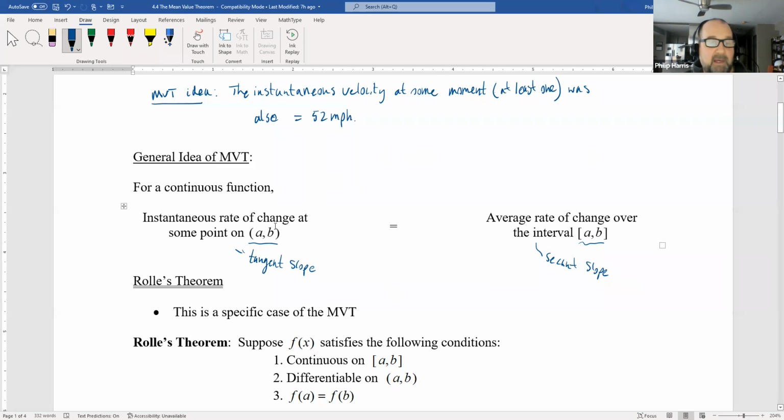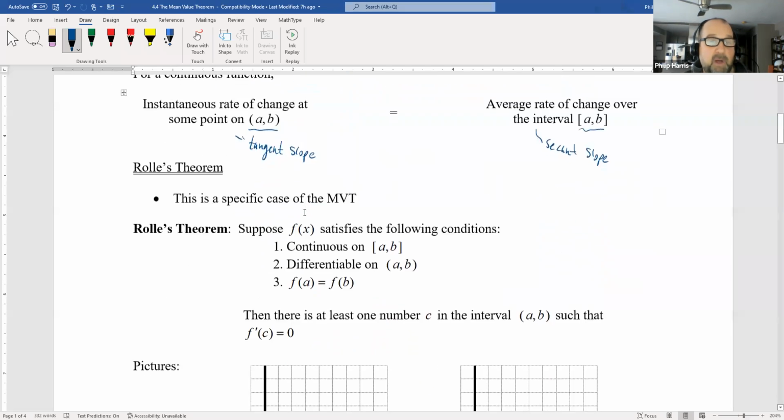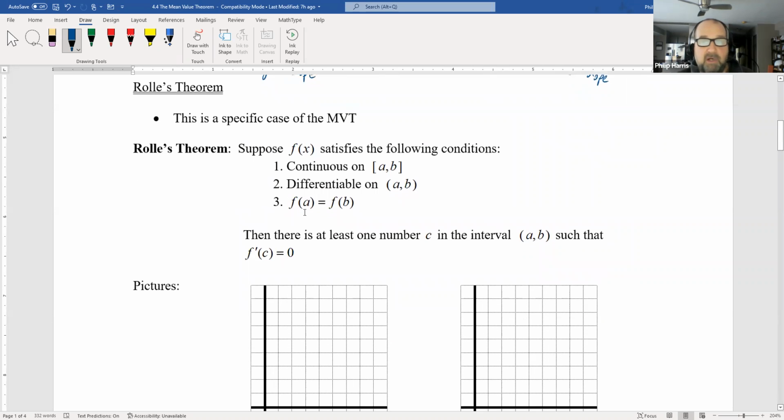To get the idea of the mean value theorem, we're going to first start with something called Rolle's theorem. Rolle's theorem is actually just a specific case of the mean value theorem. It is an easier case than the full-blown mean value theorem, which we will move on to shortly.